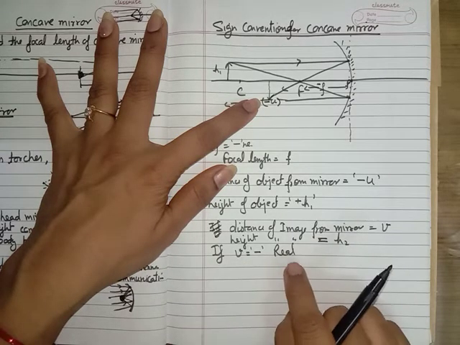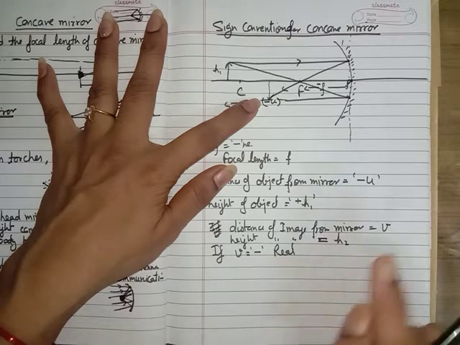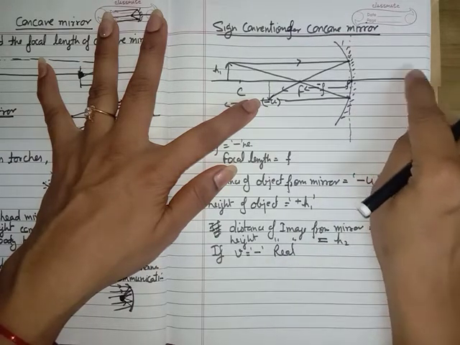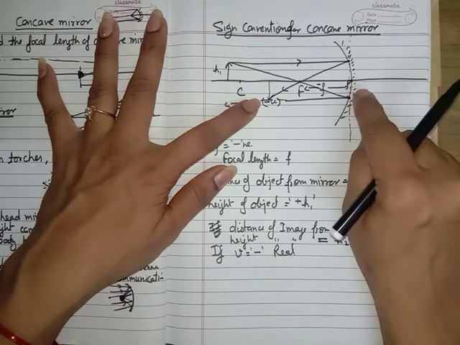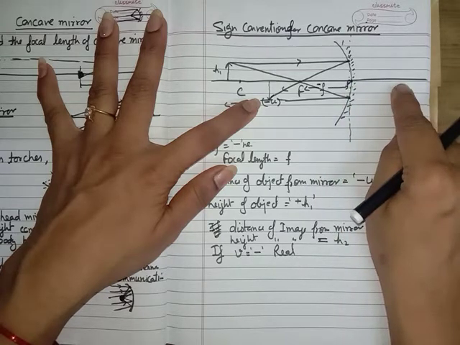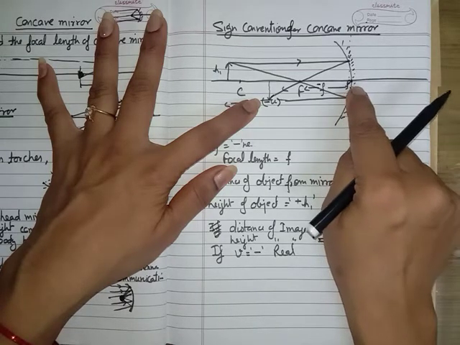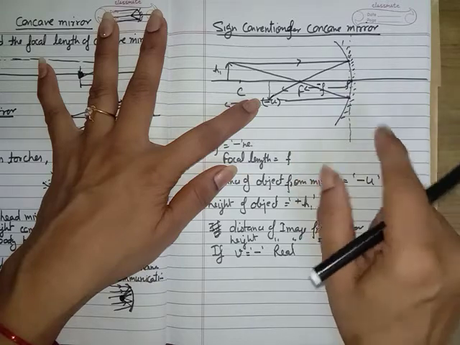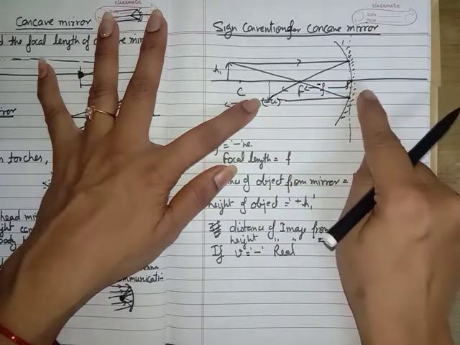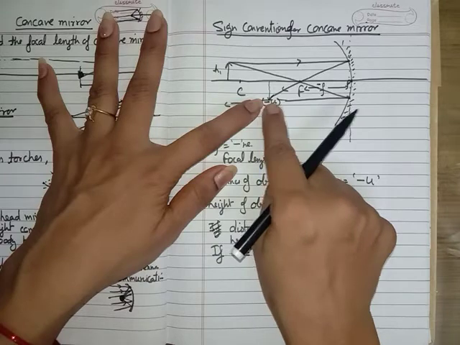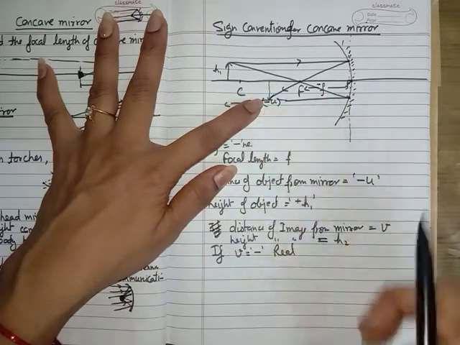Negative sign means a real image is formed. Because if the image is formed in this direction, it is called a virtual image, and if we find the distance from the pole, it should be positive. Now if we have solved the numerical and we find that v is negative, it means the image should be real.